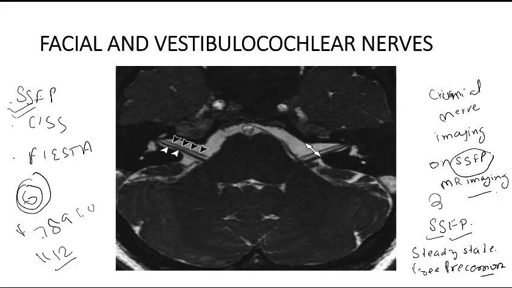The question arises, why do we need a special sequence for this MR image? We already have conventional MR imaging, so why do we need SSFP MR imaging? The reason is that in normal conventional MR imaging, there is good soft tissue contrast resolution. You are able to see thick cranial nerves, but what about the cisternal segments of these cranial nerves?